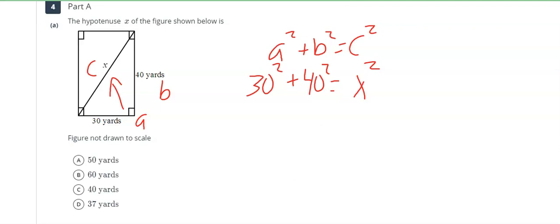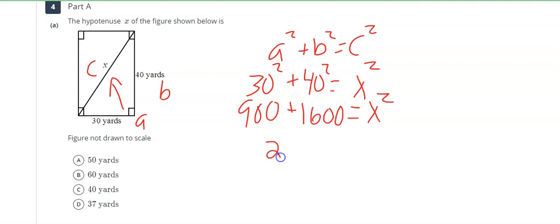30 times 30 is 900, and 40 times 40 is 1600, which is equal to x squared. Now I can add the 900 and the 1600 to get 2500 is equal to x squared. Now remember, I need to take the square root of both sides.